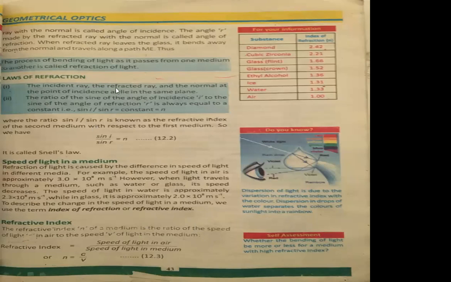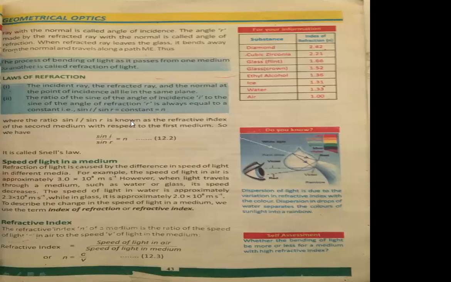The other law: the ratio of the sine of the angle of incidence i to the sine of the angle of refraction r is always equal to a constant. Sine i over sine r is equal to some constant, which is denoted with n.